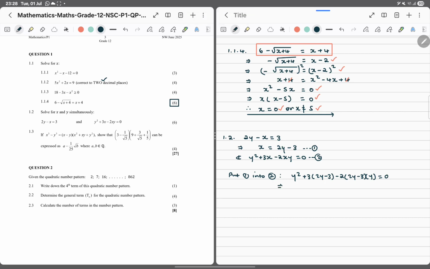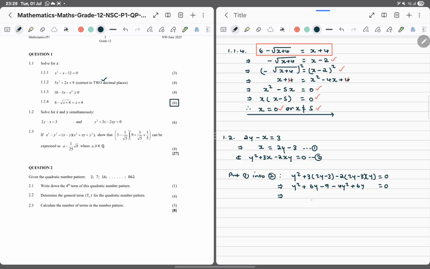So this implies that we've got y squared plus, this becomes 6y minus 9 minus 4y squared plus 6y equal to 0.